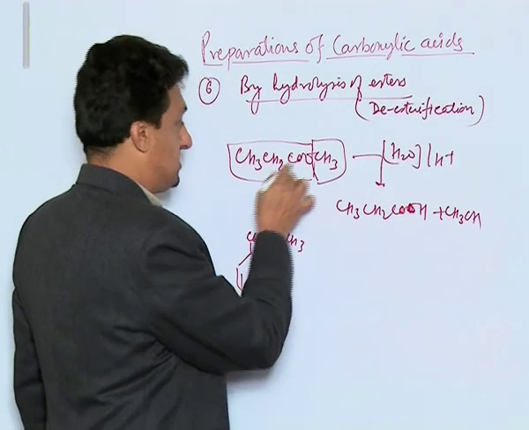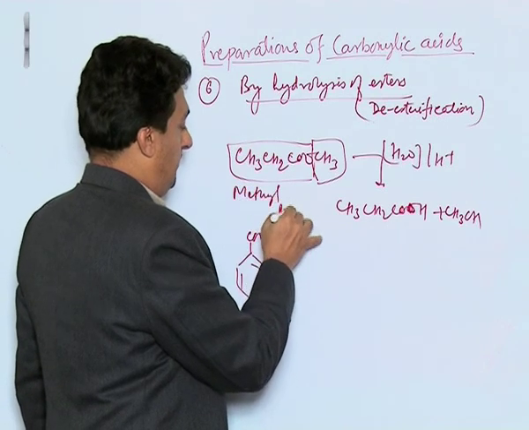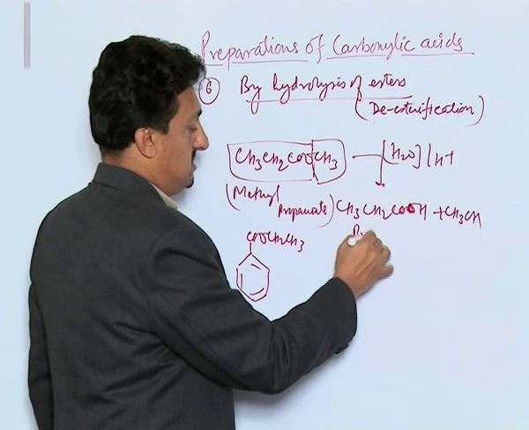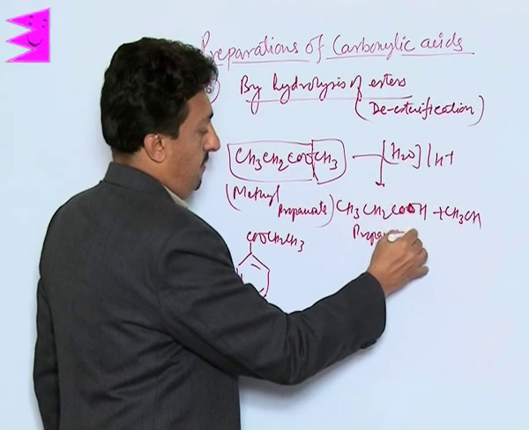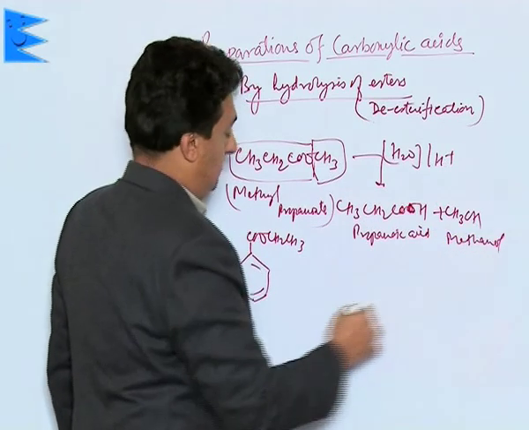We can take another example which involves an aromatic carboxylic acid also. This ester, called methyl propanoate, has given us propanoic acid and methanol.